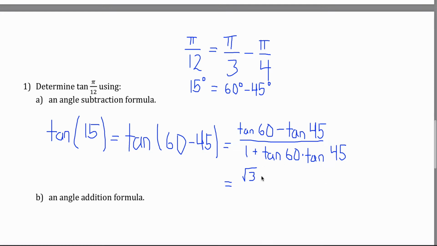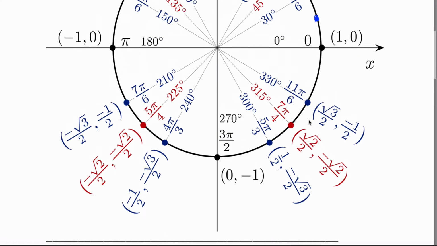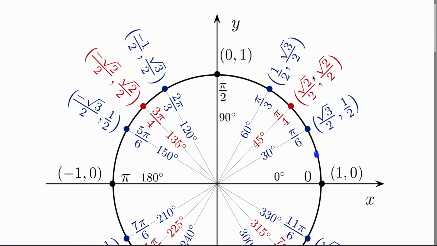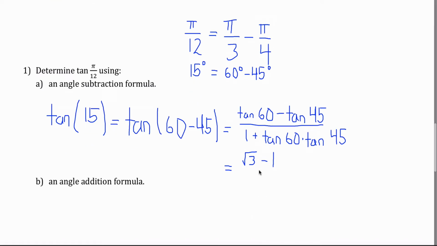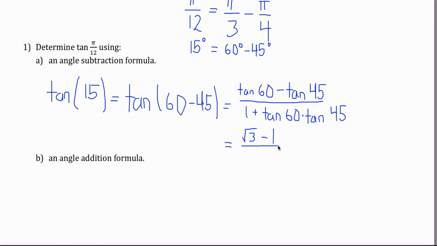And the tangent of 45 is equal to the number 1, which sort of makes sense because sine and cosine at 45 degrees here are both root 2 over 2, so their quotient's exactly 1. And then you divide that by 1 plus the product of those two numbers. But the square root of 3 times 1 is just the square root of 3. And we get this as our answer.